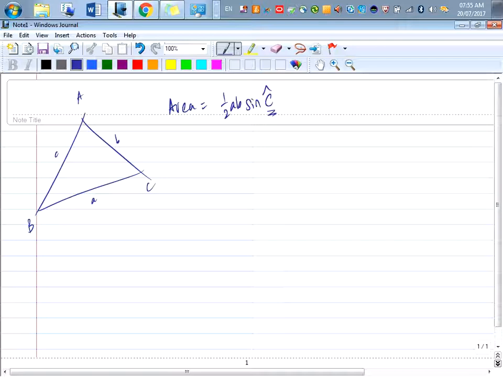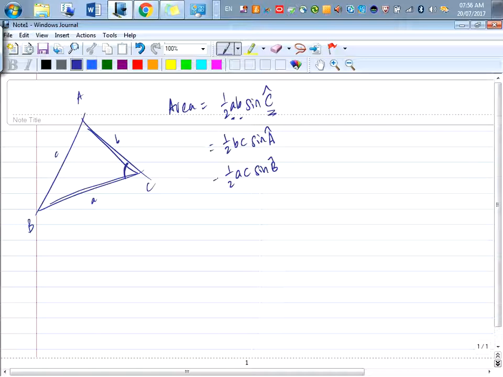Yeah, it's like in between the two sides, right? So the sides I have over here are a and b, and in between them will be angle C. We call this included. So the other variations will be half bc sine A, half ac sine B.